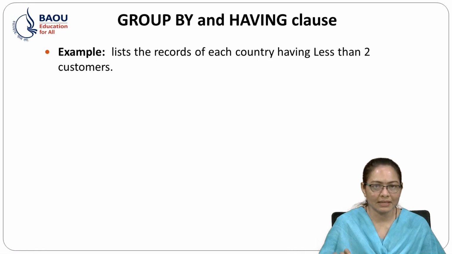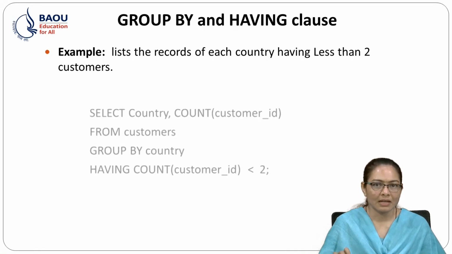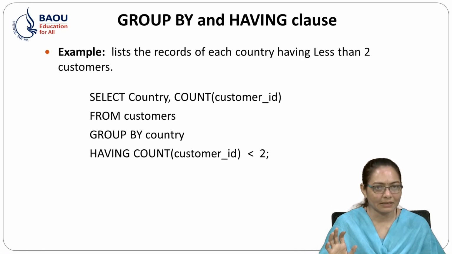Select country, comma, count in brackets customer ID from customers, and then group by country. And the last one, the having condition: having count in brackets customer ID less than 2. We want the records of each country having fewer than 2 customers.